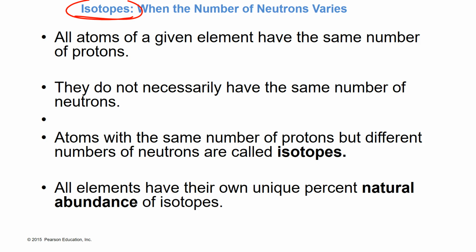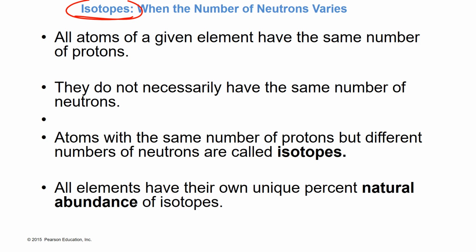All right, so atoms of a given element have the same number of protons. They don't have to necessarily always have the same amount of neutrons. So what we were doing before, where we take the mass number and subtract the atomic number, works for just a regular neutral atom, and it works for an ion.